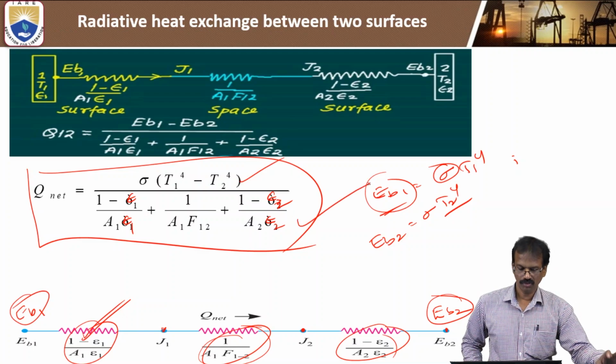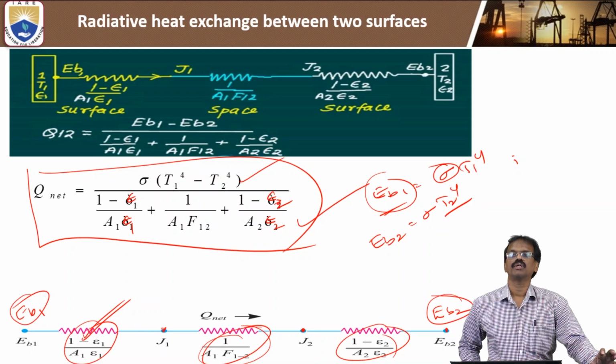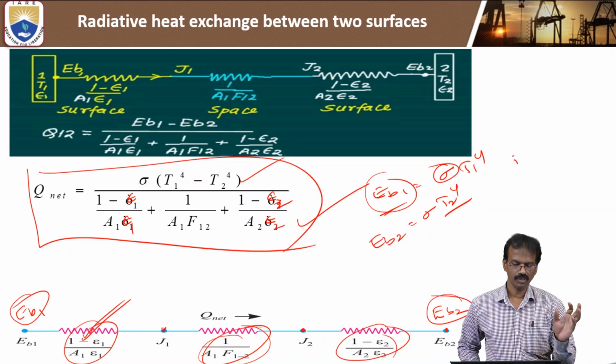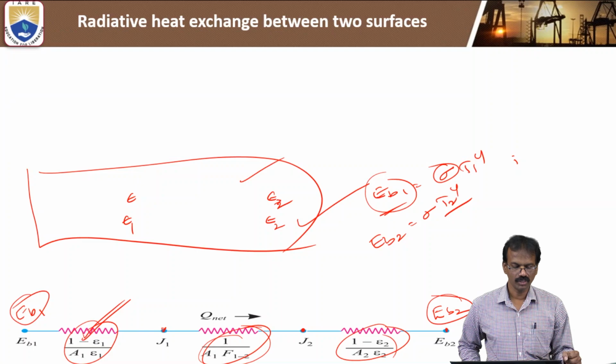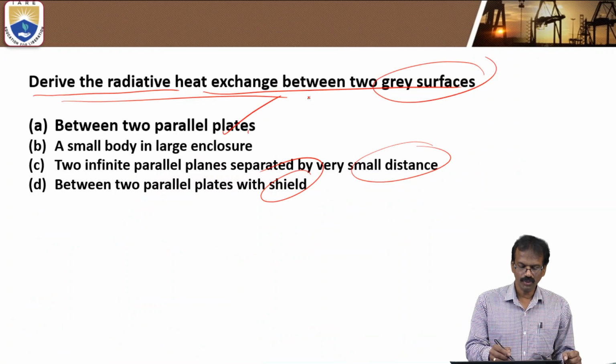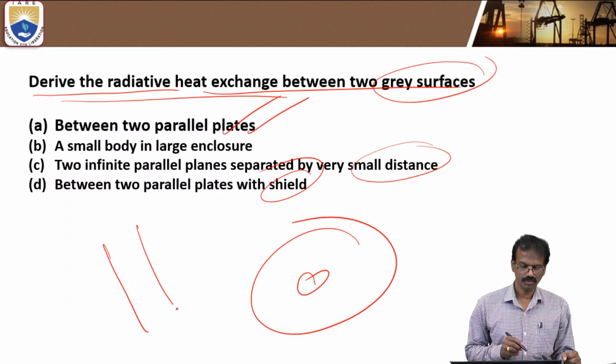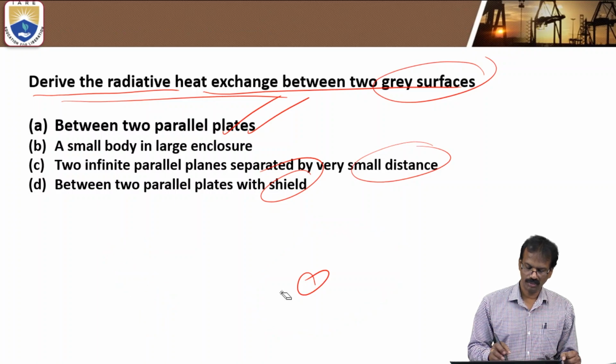By using this formula, we can derive the rate of heat transfer formulas with respect to different types of surfaces. The first one we'll see is between two parallel plates, then a small body in a big enclosure, and then two infinite plates, and also the case where one more shield is placed between two plates.